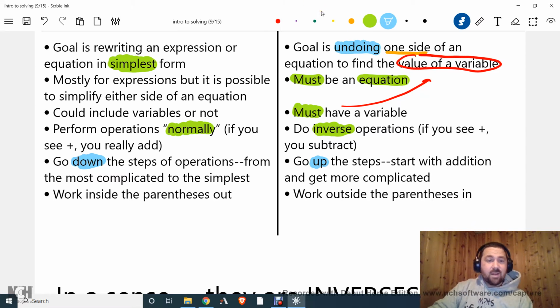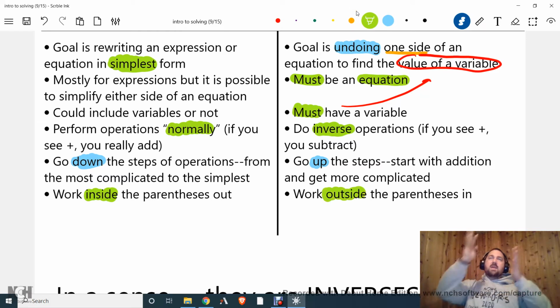And this last one, right? When we simplify, we start inside of the parentheses. And if we have multiple parentheses, we start all the way on the inside. For solving, it is the opposite. For solving, we work from outside the parentheses in. So we start all the way outside the parentheses, on the furthest outside spot, and then we work our way in towards the middle.